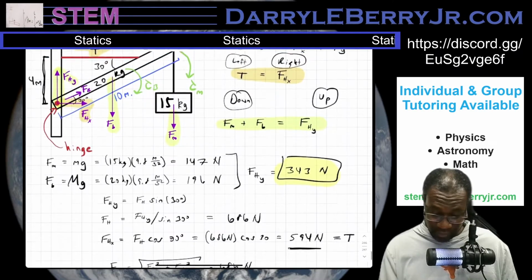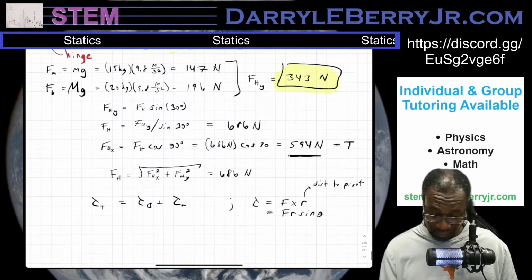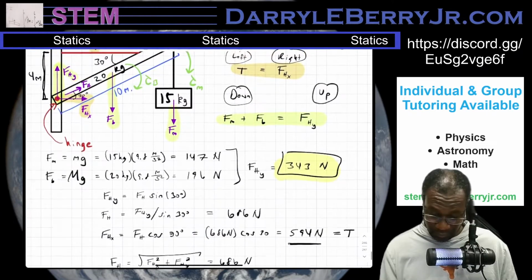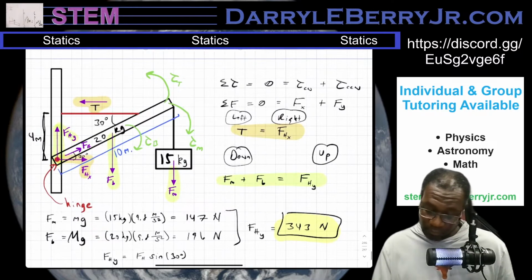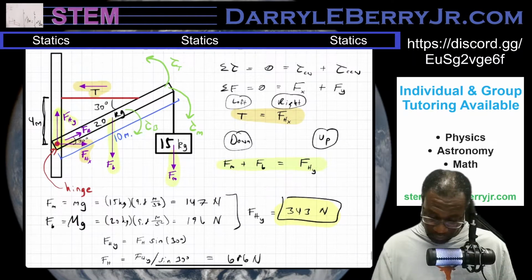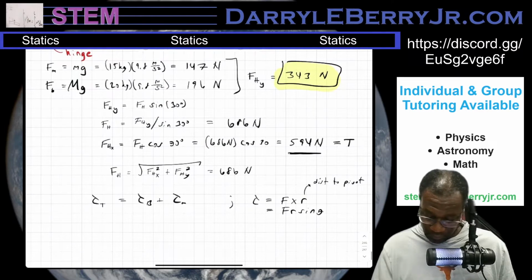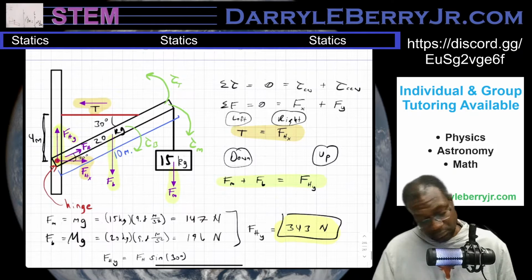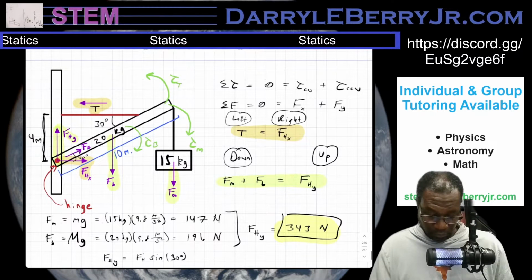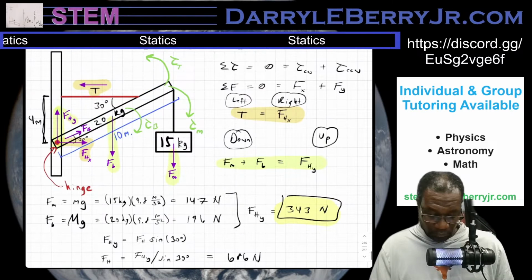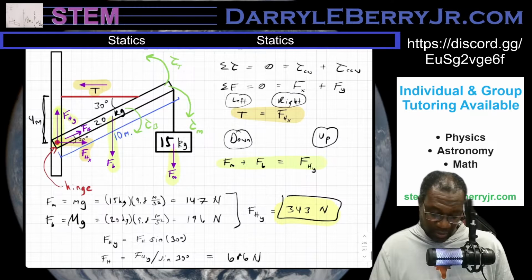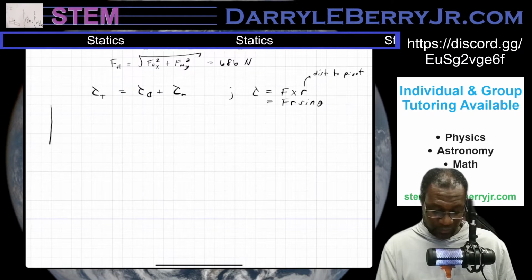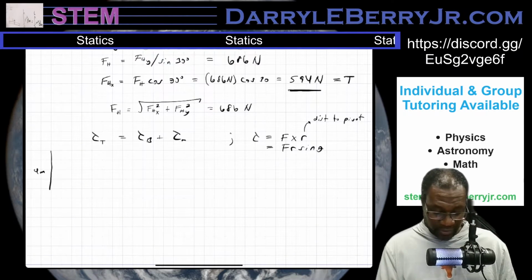So what we have is the torque of tension. So tension R is going to be not all the way to the end. We're going to have 4 meters.